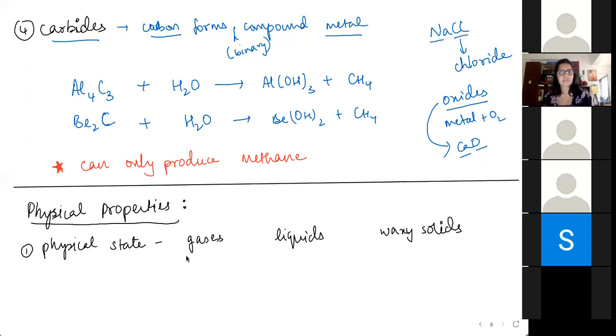So when alkanes solidify, they're going to feel like petroleum jelly, Vaseline, not the lotion, the proper jelly, like the waxy solid. So the smaller ones, C1 to C4, are gases, and liquids are C5 up to C16, 17-ish, and greater than C18, they end up being solids. So based on this, what can you say about the trend of melting point and boiling point?